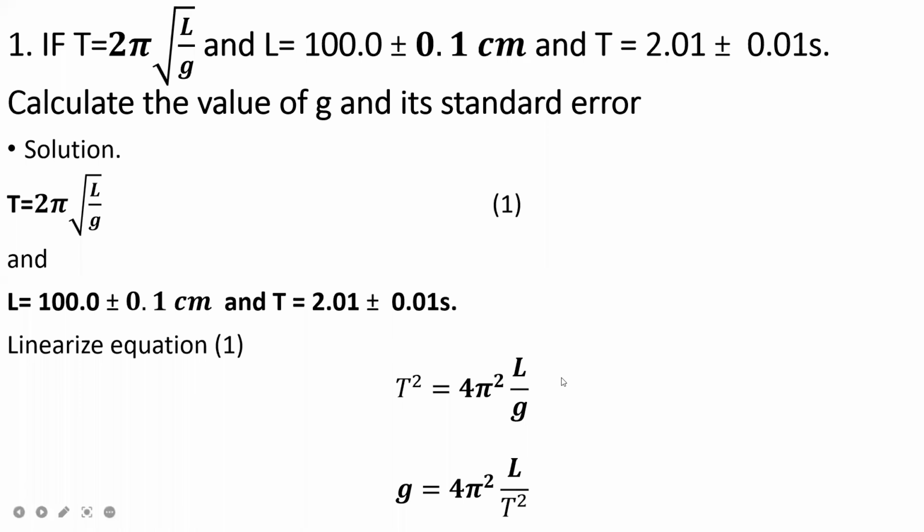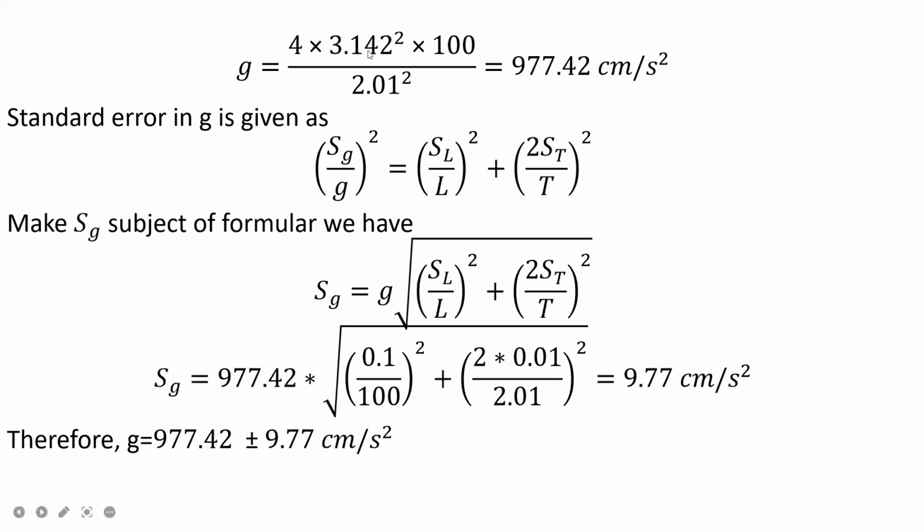Pi is a constant. So on inputting, we have 4 times 3.142 squared times 100 divided by 2.01 squared. When you punch these values into your calculator, you get the answer per second squared, because your length is already in centimeter.